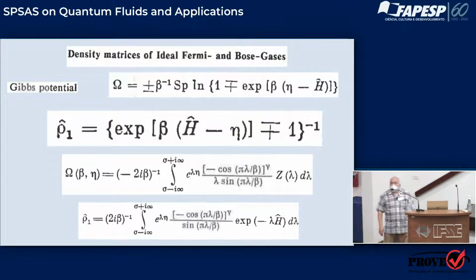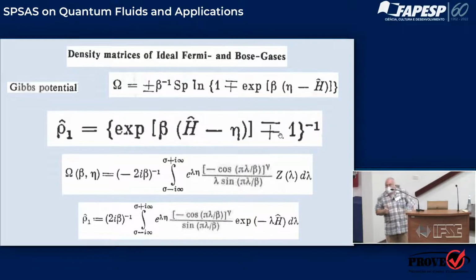Okay? And one more thing which I want to show you, the following. Landau calculated everything for a degenerate gas, which obeys Fermi-Dirac statistics. How can it be done without the terrible calculation made by Landau in 1930? We see that in Fermi statistics, we have the Gibbs potential, that logarithm, and the one-particle density matrix. This is nothing but the Fermi or Bose distribution.